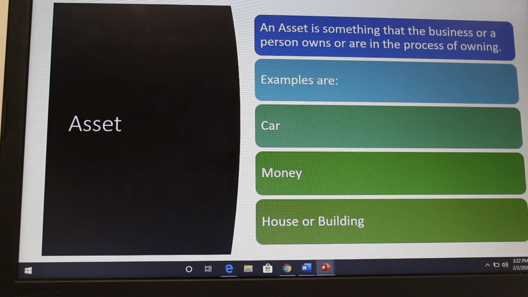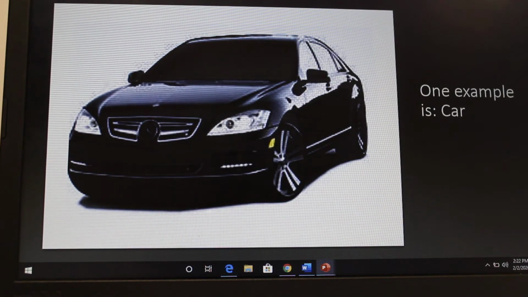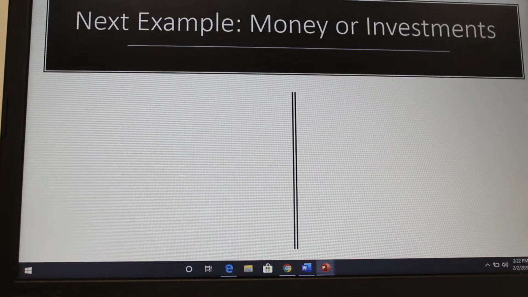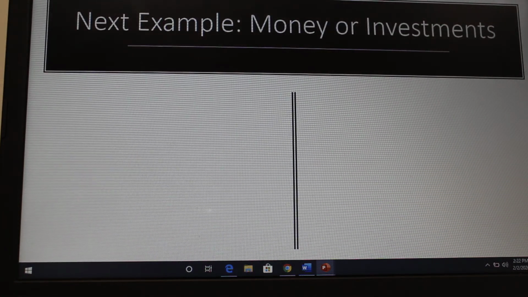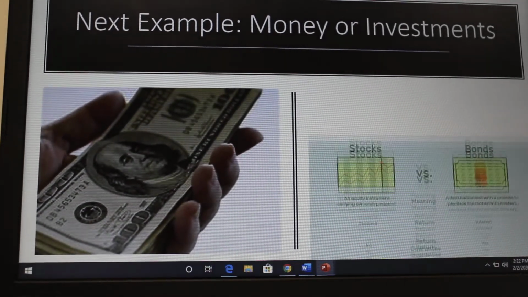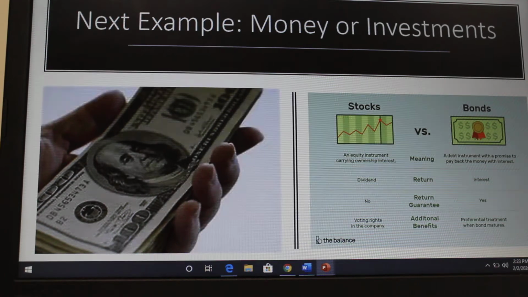So these are examples of assets. So we know a car is an asset. We know buildings are assets, etc. And also we could say money. Other assets, we have stocks and bonds as well, and the intent is for them to appreciate over time, so increase in value.